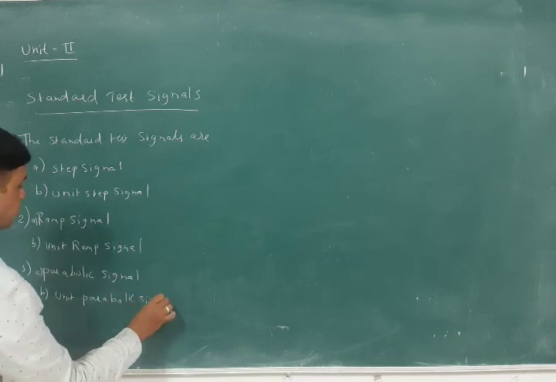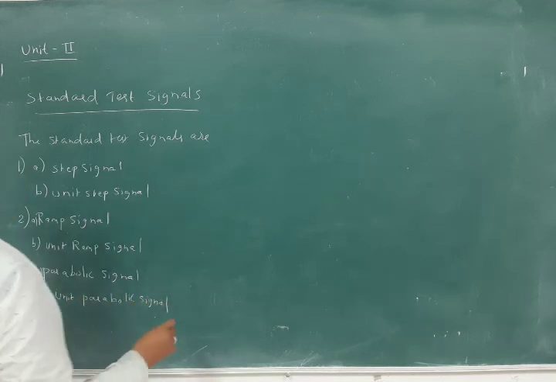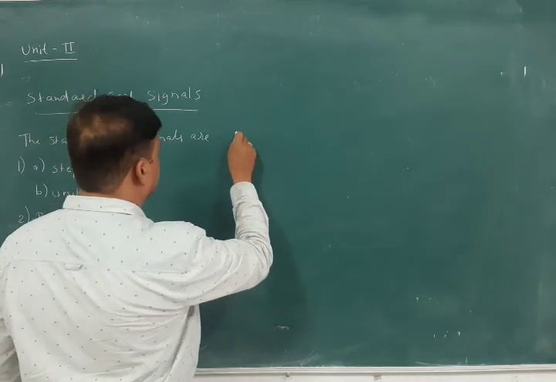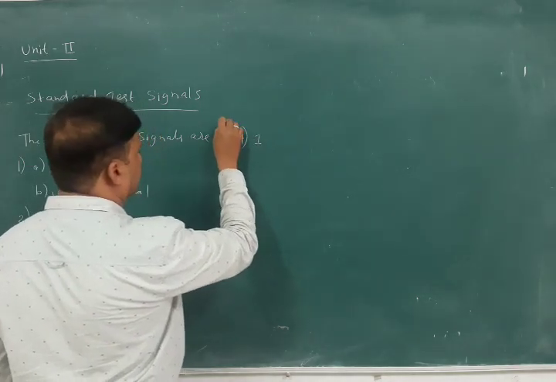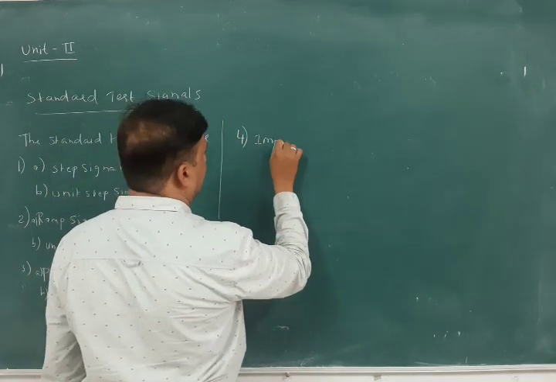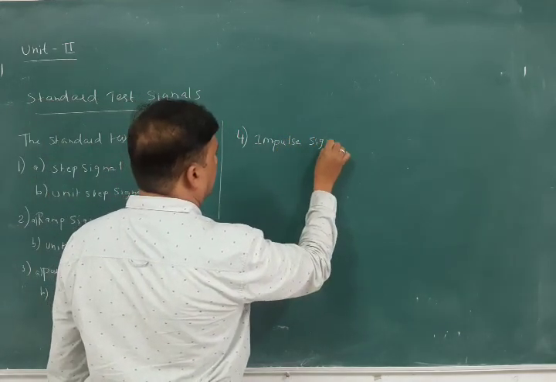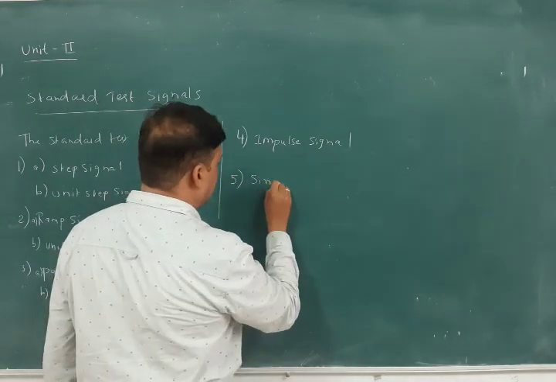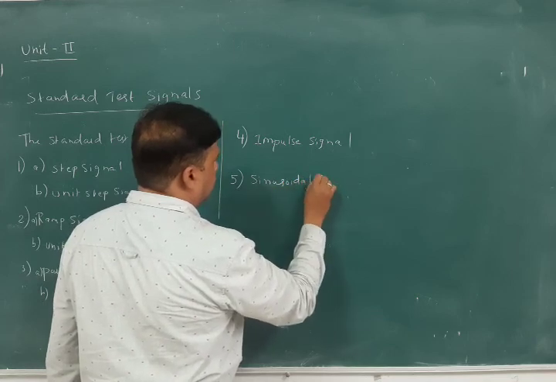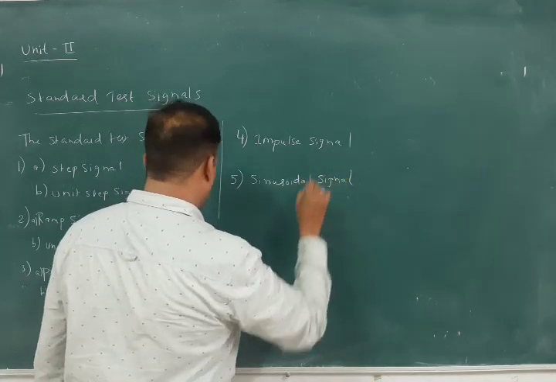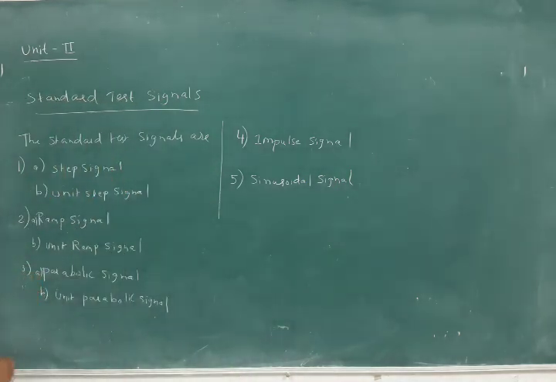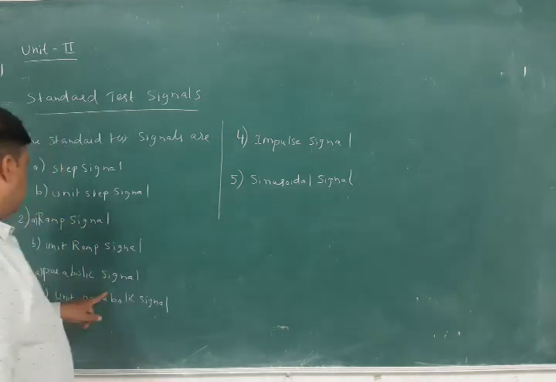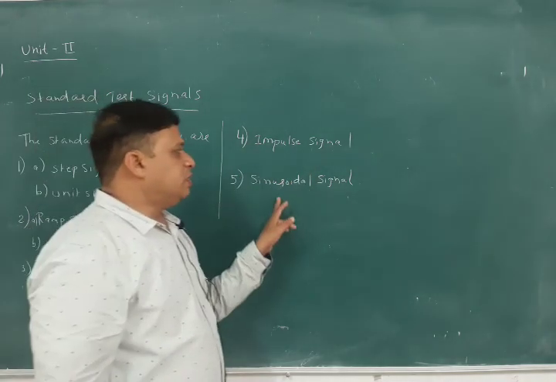The fourth one is the impulse signal, and the fifth one is the sinusoidal signal. These are the standard test signals: step signal, unit step signal, ramp signal and unit ramp signal, parabolic signal and unit parabolic signal, impulse signal, as well as sinusoidal signal.